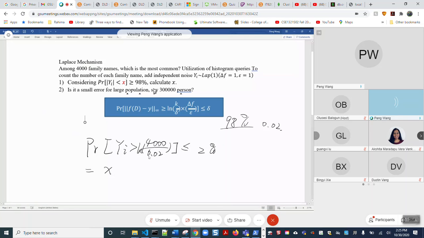From this we should get this equation, and then we get this x equal to ln of 4,000 divided by 0.02, and actually this x will equal to, what? And then it should equal to 12.2.